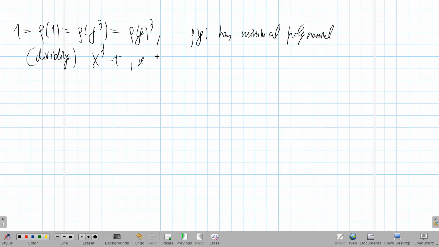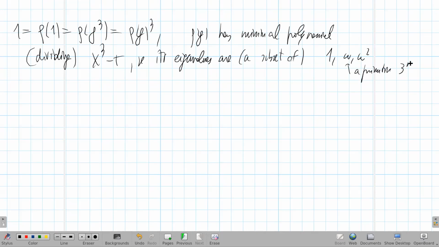So its eigenvalues are a subset of 1, omega, omega square, omega being a primitive third root of unity. So omega would be e to the i times 2 pi over 3, with the usual complex exponential.